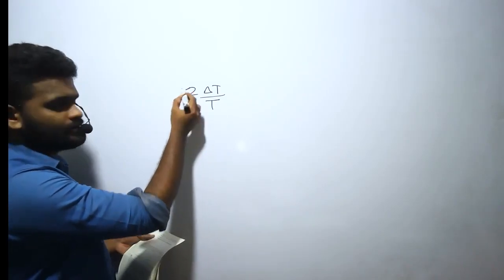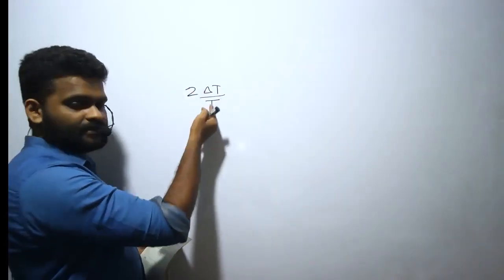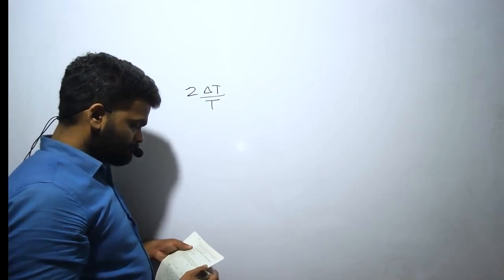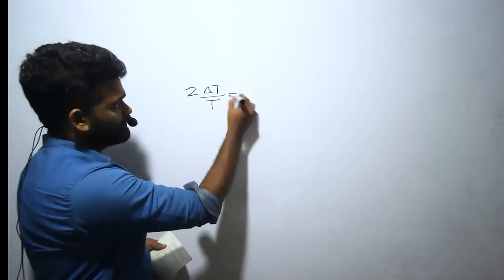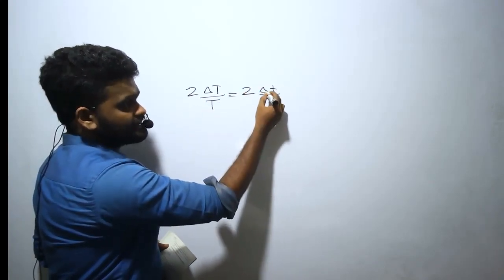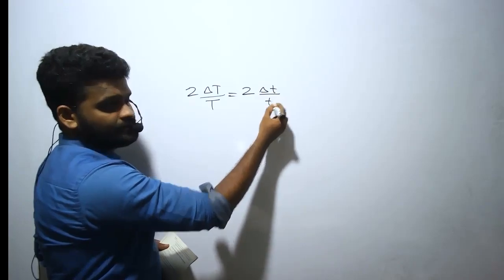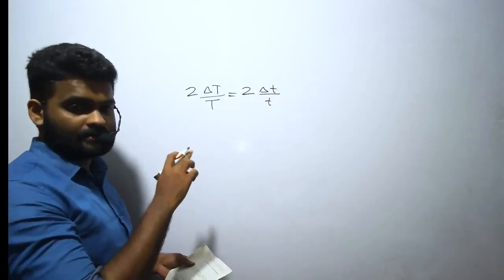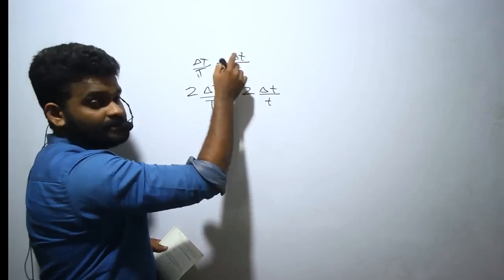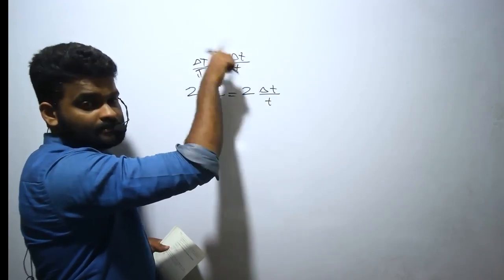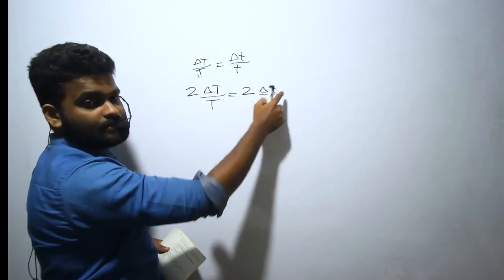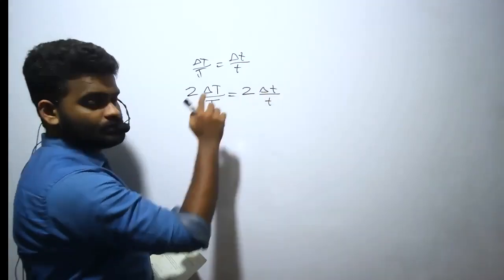There's a 2 as well, right? You don't have to think about that. If they say so, you have to take so. So you know that 2 delta t over t is equal to delta small t over t. Earlier, remember? Delta t over t is equal to delta t over t. We got that in the note, right? So instead of delta t over t, you can put delta small t over small t. And there's 2 here.